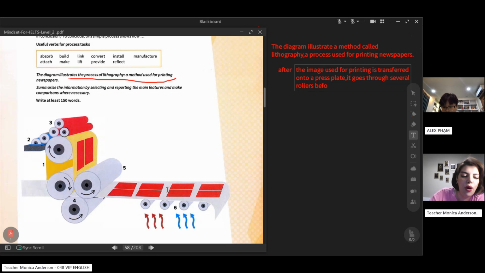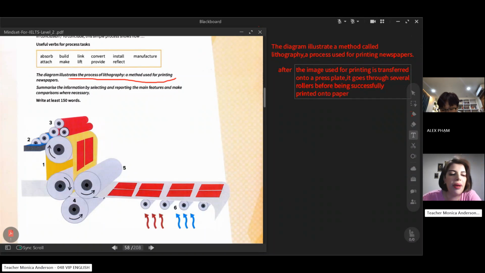Before being, for example, you can use successfully printed onto paper. This is about this one.